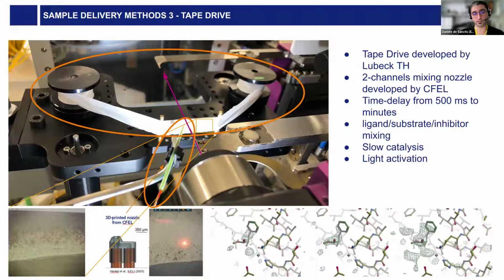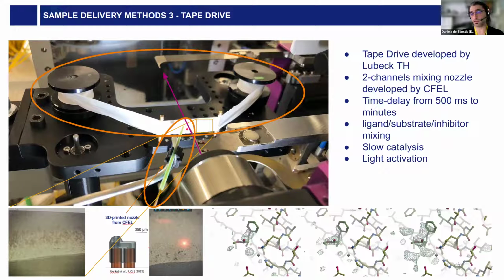The crystal slurry is injected on the tape and, since there are two channels, it can even be mixed with a ligand in order to follow the ligand mixing process directly. By offsetting the distance between the deposition point and the X-ray position, we can play with time delay.